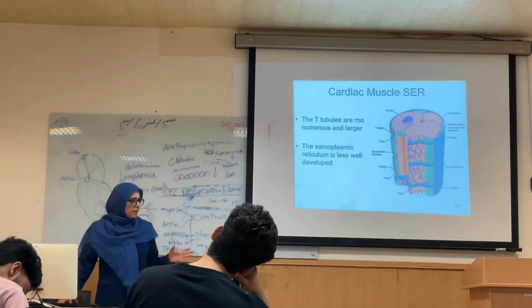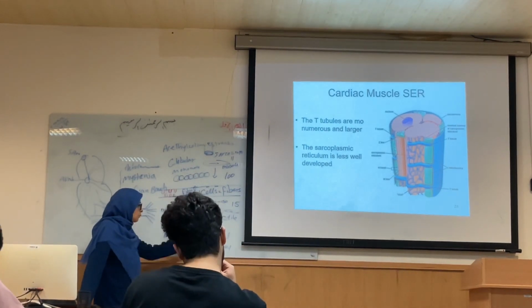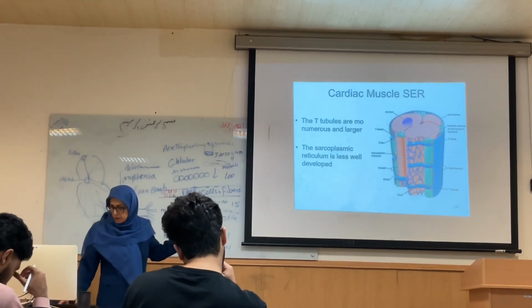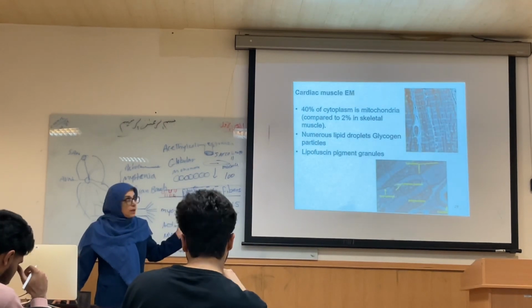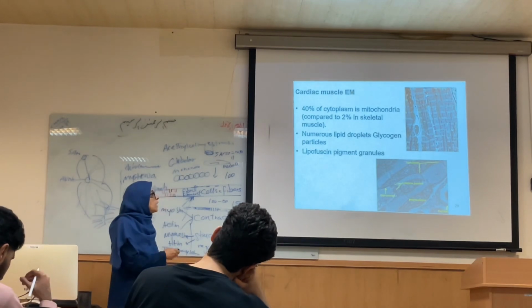About the contractile proteins, myosin, actin, and the other proteins, all of these are the same as in the skeletal muscle. Yes, they have more mitochondria.